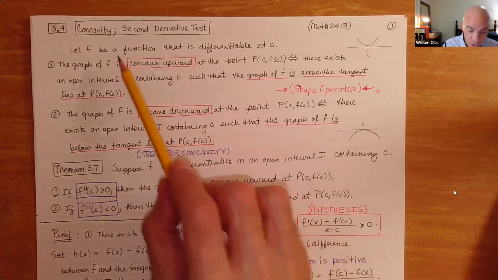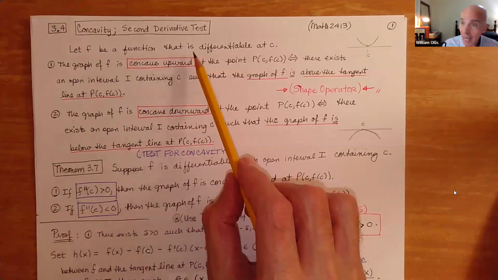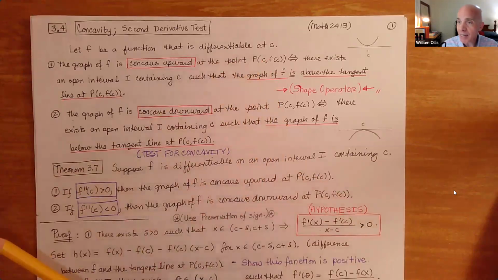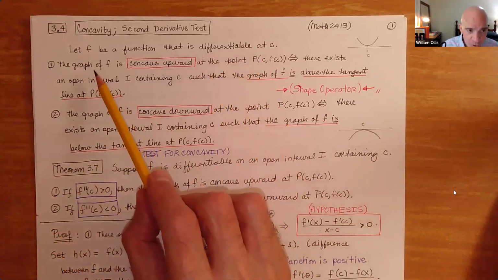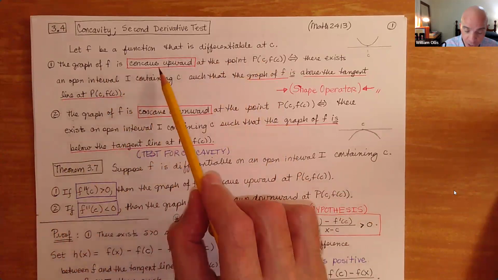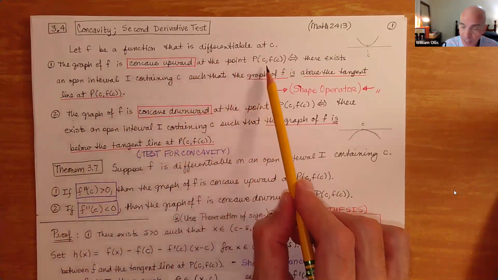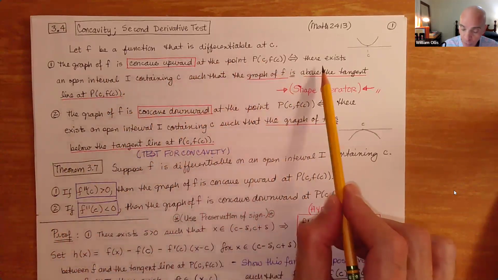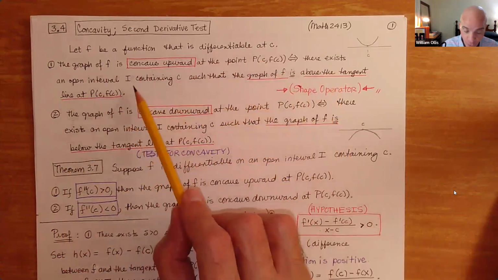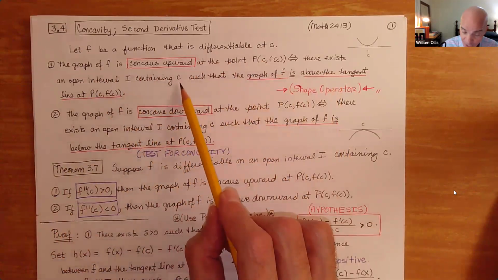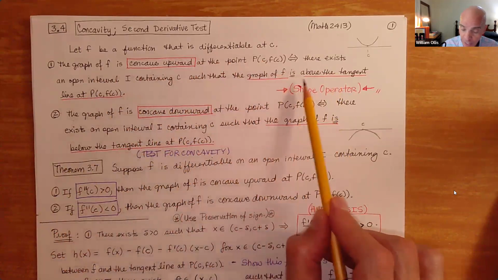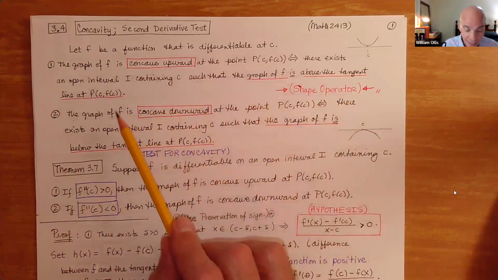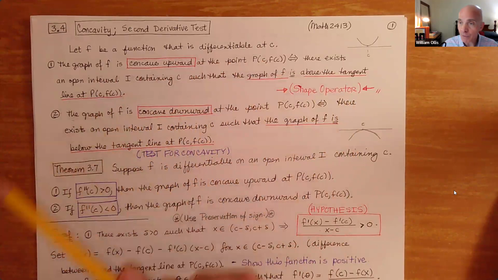So first, we will start with f, a function differentiable at c. And then we will say the graph of f is concave upward at the point (c, f(c)) if and only if there exists an open interval I containing c such that the graph of f is above the tangent line at the point (c, f(c)).